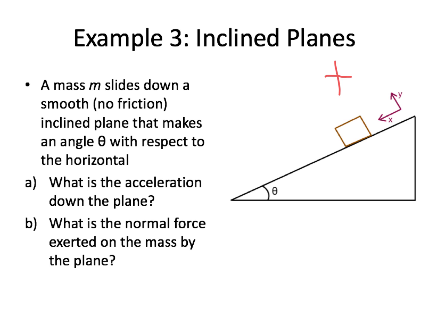And so I have to keep track of both directions if I use a normal coordinate system. But if I tilt my coordinate system so that the X-axis points down the inclined plane, then all the motion is along the X-axis, and that's less stuff for me to keep track of.